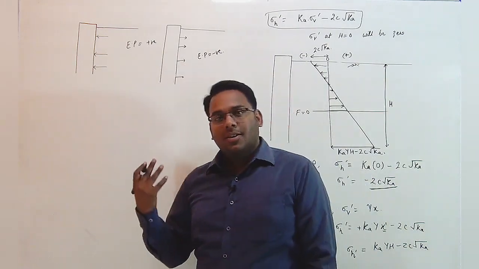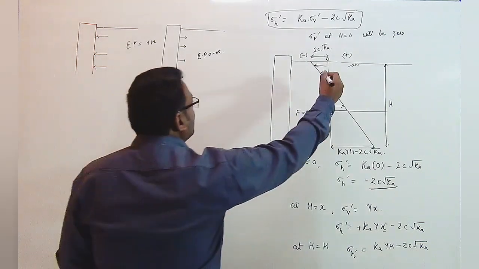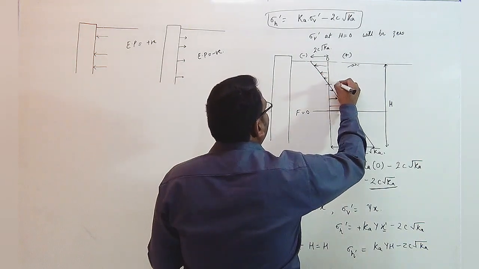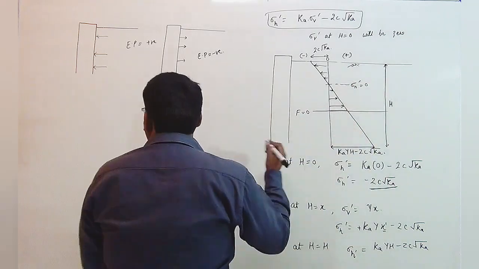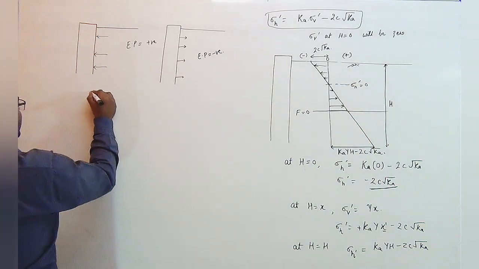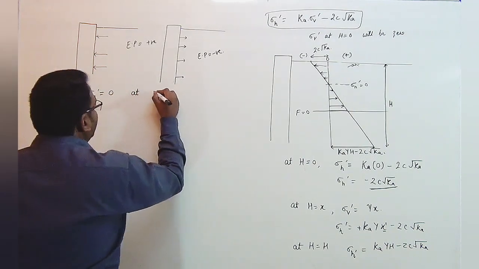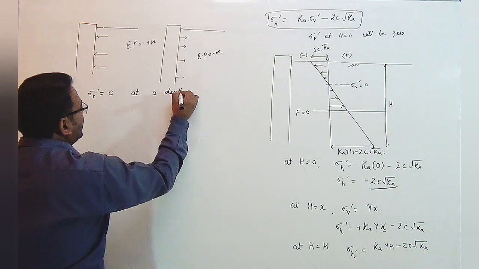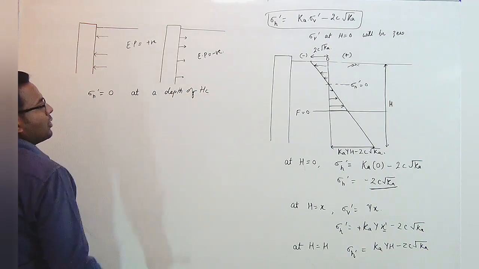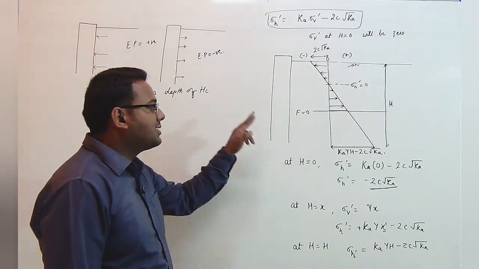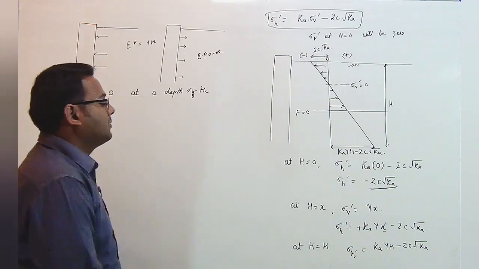Let me describe it in more detail. Here we are going to determine at what depth this horizontal stress will be 0. I am taking as a condition that sigma h dash is equal to 0 at a depth of Hc, and I am going to calculate the value of this depth Hc by putting it in this equation.